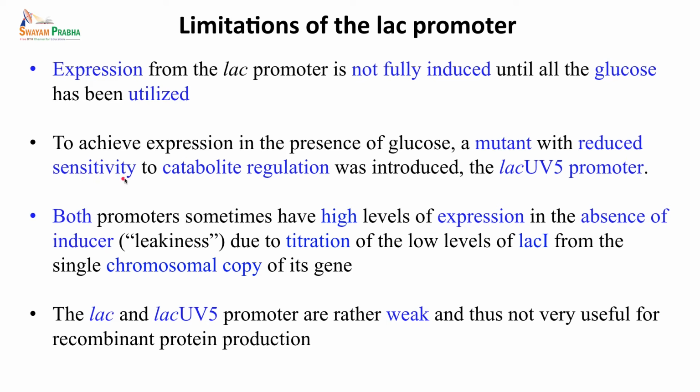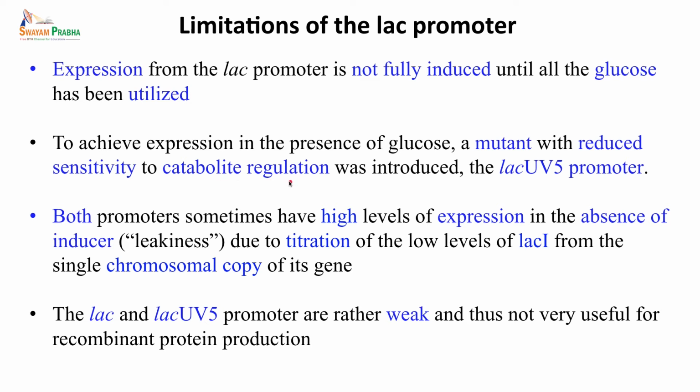So even if glucose is present, if you add the inducer, and instead of lactose people use IPTG, as I discussed in previous lectures, this IPTG can then induce from the UV5 promoter even if glucose is already present, because the lac UV5 promoter is not subjected to catabolite regulation.